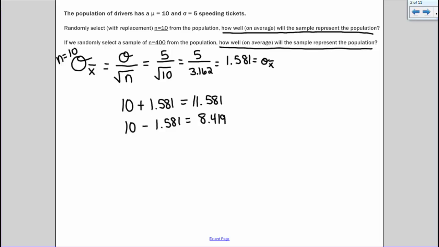So we would expect that with any given sample of 10 people from the population, that their sample mean would be between 8.419 and 11.581.